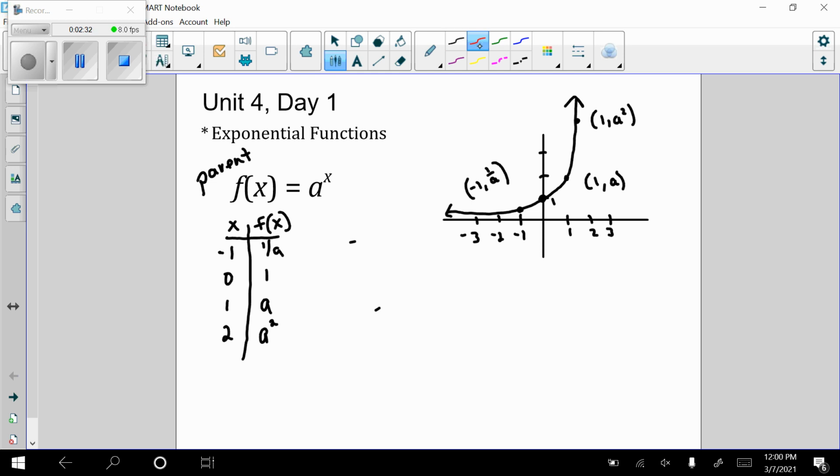Hopefully you remember an exponential function has a horizontal asymptote, a value that the function approaches but never gets to. So characteristics: I have a horizontal asymptote at y equals 0. X-intercepts, I have none. Y-intercept for the parent function is always 0, 1.